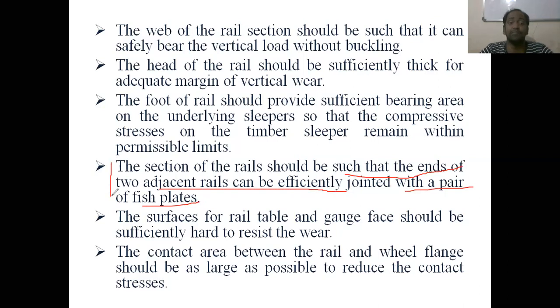You remember that the section of the rails should be such that the ends of two adjacent rails can be efficiently joined with a pair of fish plates. The surfaces of the rail table and gauge face should be sufficiently hard to resist wear. Okay, now the contact area between the rail and wheel flange should be as large as possible to reduce the contact stresses.